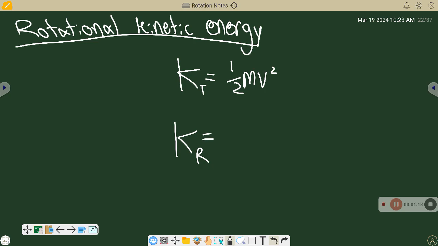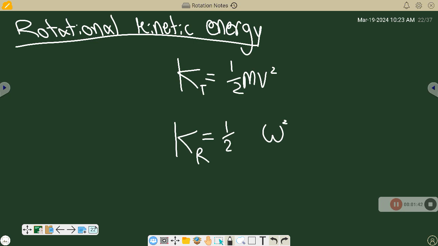So to produce our rotational kinetic energy equation, all we've got to do is essentially translate these variables into rotational versions of themselves. For instance, we know that the rotational version of velocity is angular velocity, omega. So we know there's going to be an omega squared there.